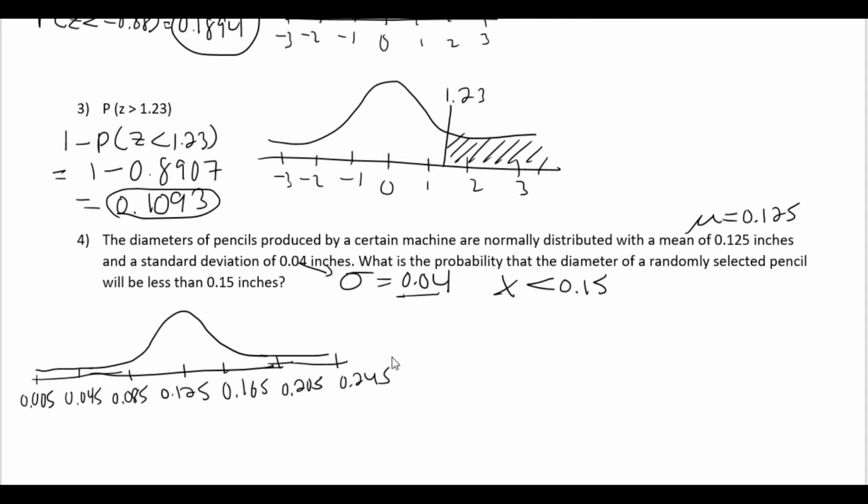All right, so now we want less than 0.15. So 0.15 is around here. We want to shade to the left of that.